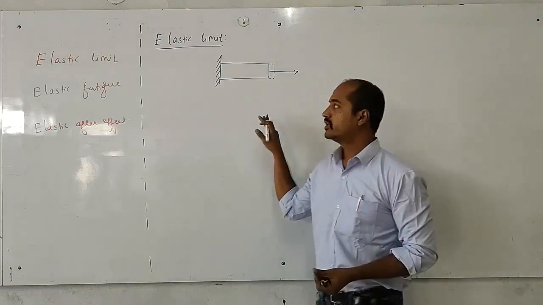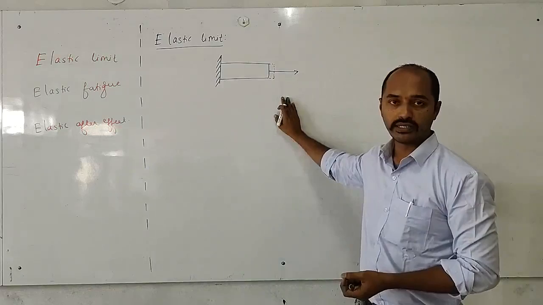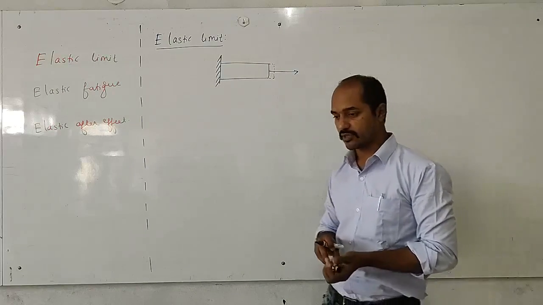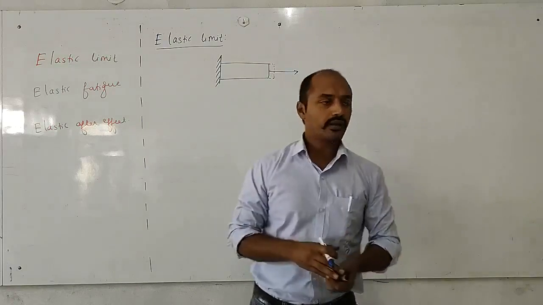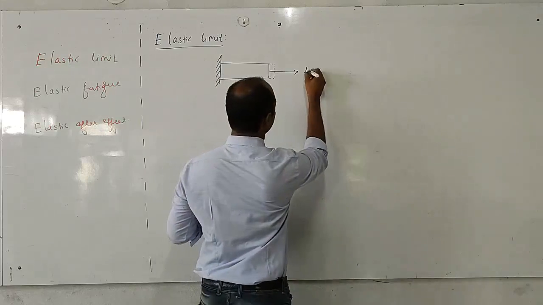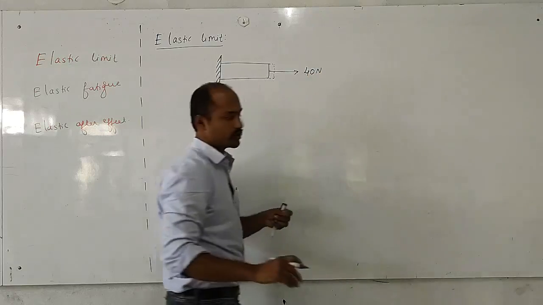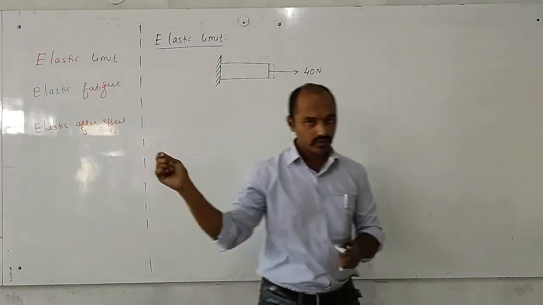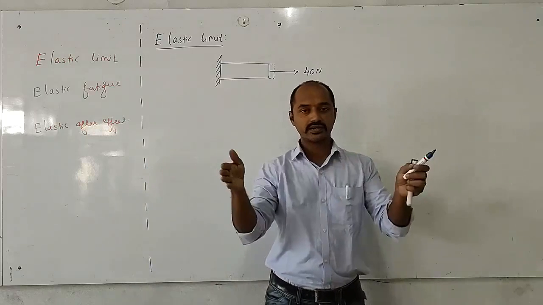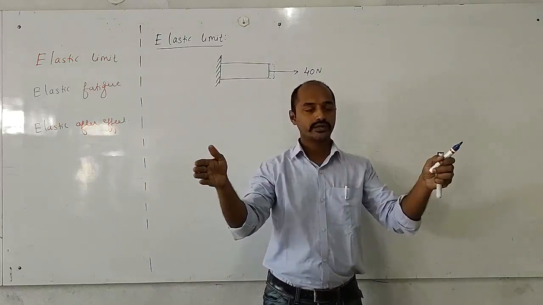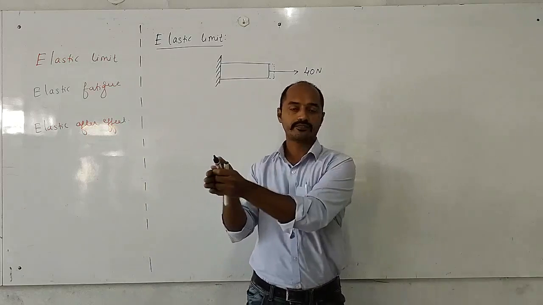So it is nothing but an elastic material, completely elastic material, right? Furthermore, I will apply a 40 Newton load, 40 Newton deformation force. Still the body extends, the body changes its length. Then once I remove the load, it gets back.